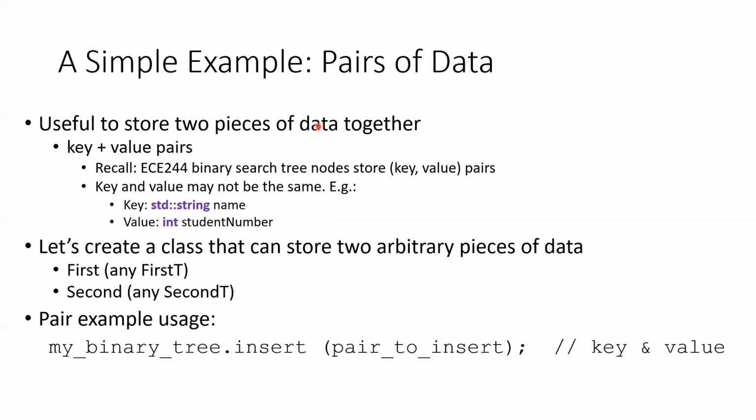And if you are putting them inside the binary search tree, you might want to make the tree be searching by the key, and for each key you have a separate value for it. And let's create this class that can store two pieces of data called a pair. And this pair can be inserted to any data structures like binary search tree.